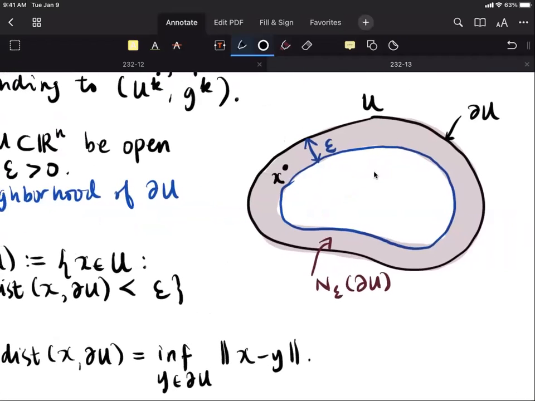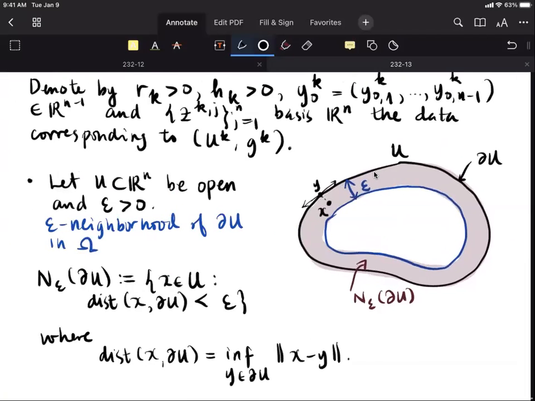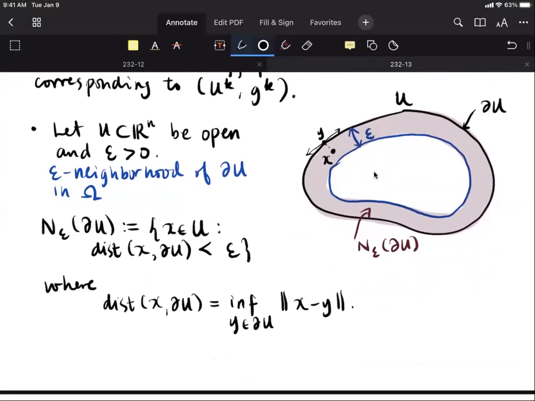And this can be, of course, obtained by, let's say, an orthogonal projection. So in this case, this would be the corresponding y that would be closest to the boundary.